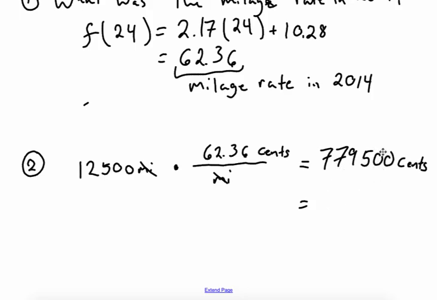The 100 would just cancel out these zeros, and you'd be left with 7,795. So $7,795 would be the estimated refund for the business mileage right there. All right, good. So that answers part E of the problem. Now let's go to the last one, which was part F.